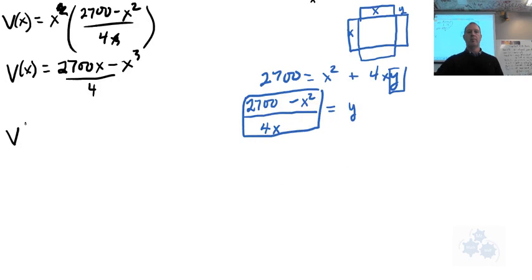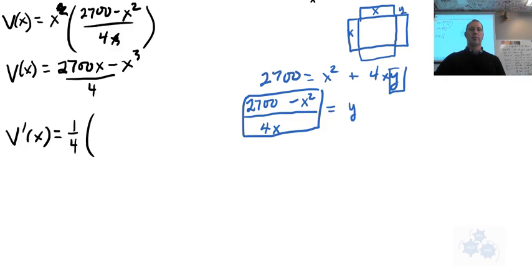Now, if we take the derivative of the volume here, you could treat this as a quotient rule if you want. You could write this as two separate fractions if you want. You could pull a 1/4 out if you want. It doesn't really matter what you do. I would say pull the 1/4 out. It's just a constant.